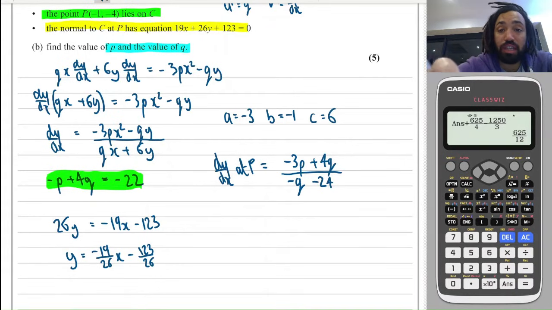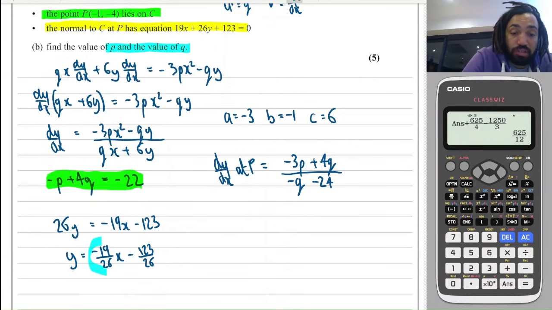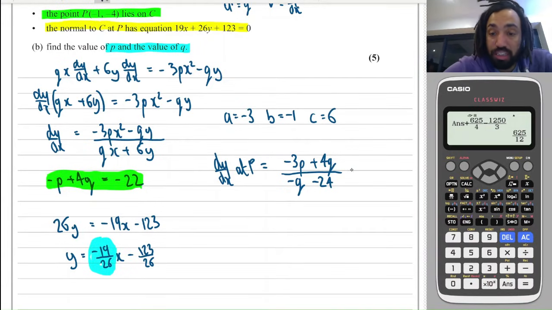But importantly, this is the gradient of the normal, which means the gradient at P should be the negative reciprocal of that, which is going to be 26 over 19. Because the gradient at P is the gradient of the tangent at P, and I've just figured out that the normal gradient at P is minus 19 over 26.